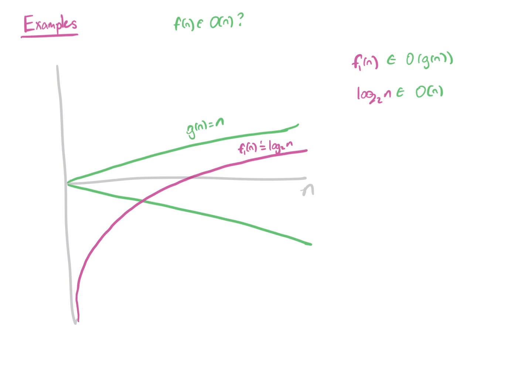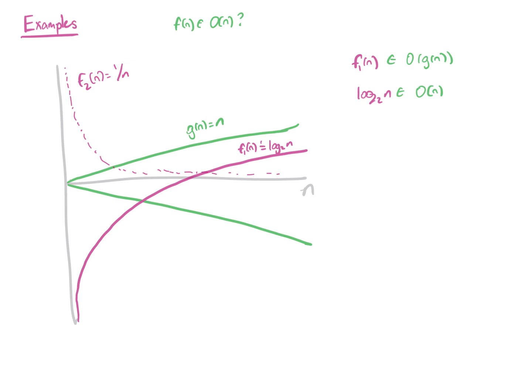Let's do another one. Here is the function that I'm going to try to draw here. Okay, a little bit wonky, but that's okay. f2 of n is equal to 1 over n. So this is a function that as n grows large, f2 of n grows small.